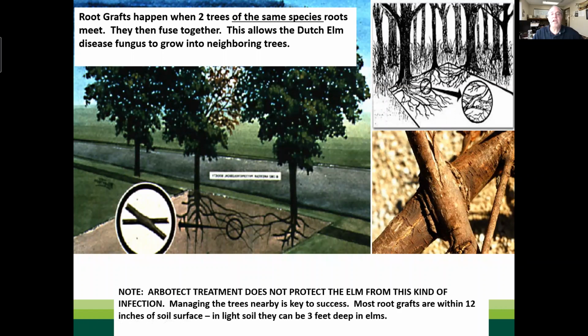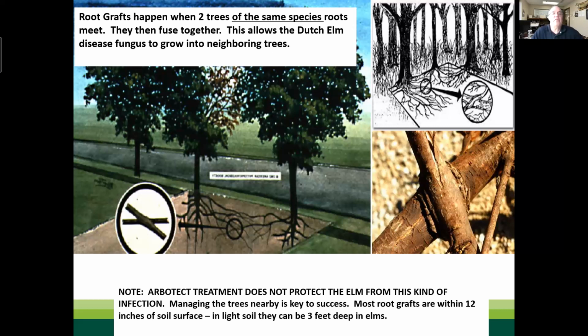Or if you're protecting a population of elms and there's some elms that you're not protecting, you either need to remove those trees so you don't get the root grafts, or sever the root grafts. But again, here's another key distinction that you have to recognize, and that we'll say again: if the fungus comes in through a root graft, there is no protection that you can inject into a tree that will work.